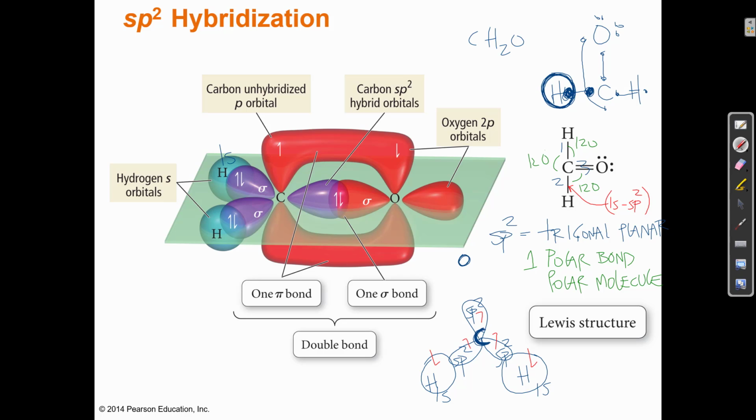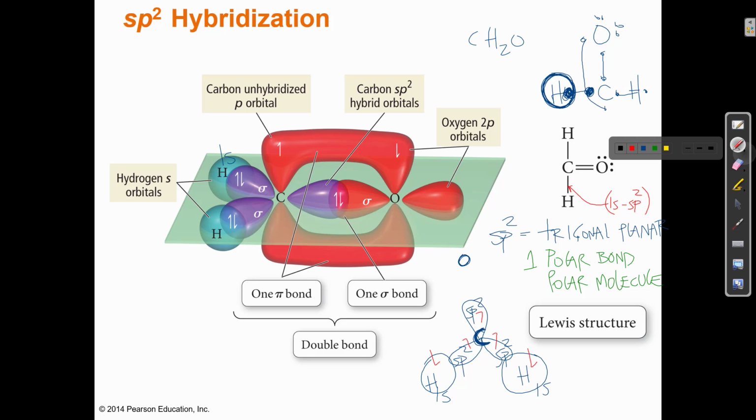I'm going to get rid of some of our stuff around here. Let's focus on oxygen here now. Oxygen has 1, 2, 3 electron groups around it, right? 1 is a bond, and 2 of them are lone pairs.